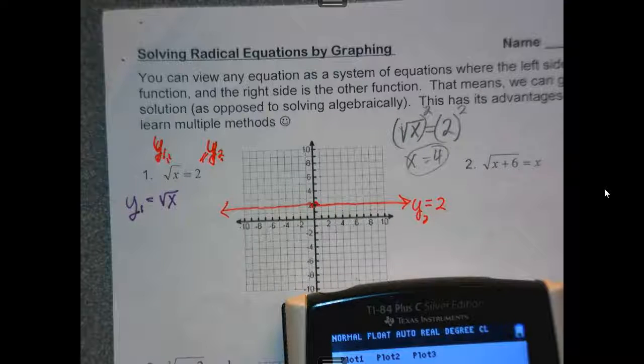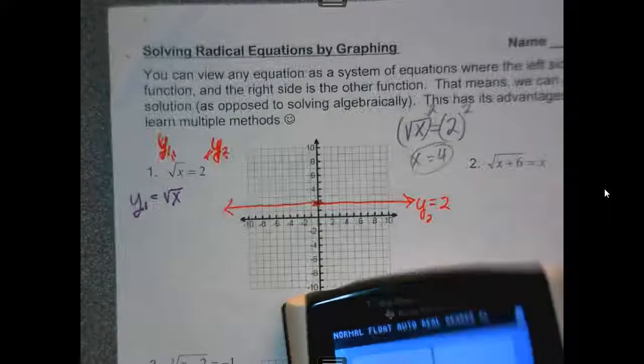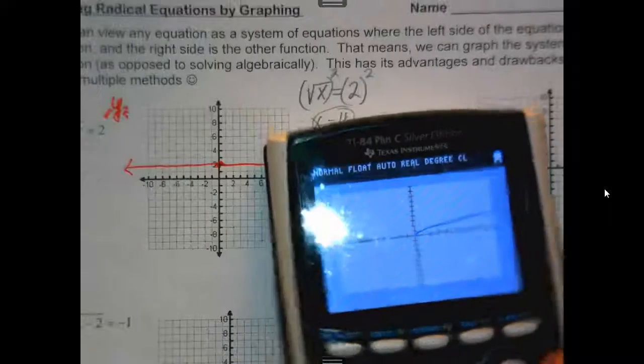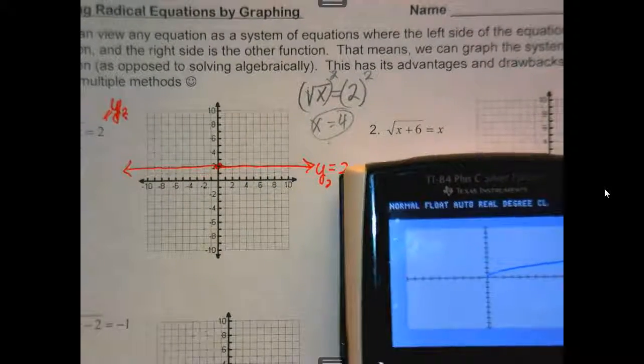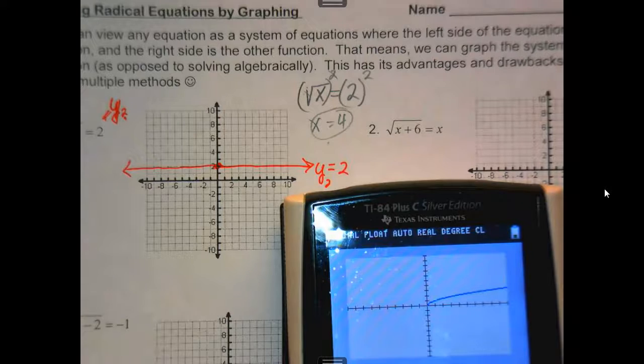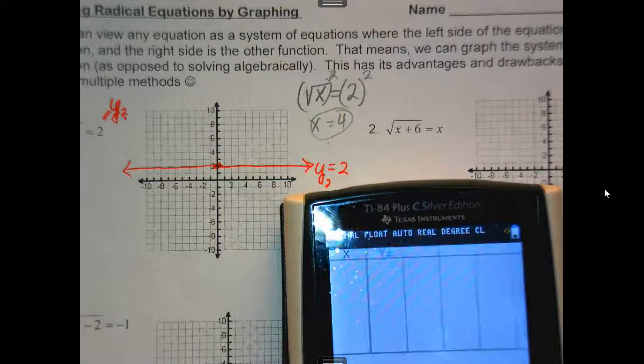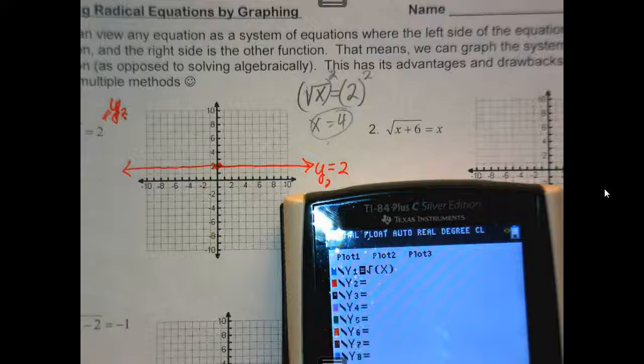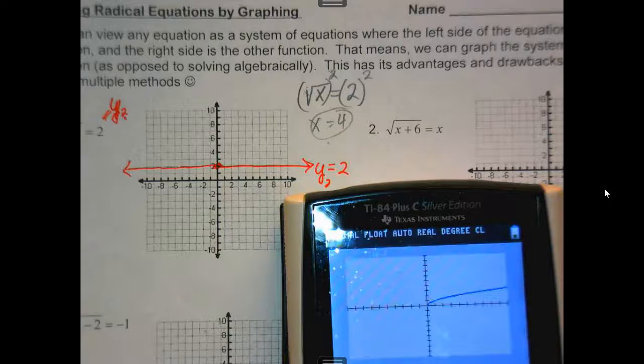In fact, this is our square root parent function, right? The graph starts at 0, 0. We have 1, 1, and 4, 2, right? You remember when we did this 2 days ago? Y equals the square root of x. I put in y equals square root of x, graph it, and then bring up your table, second graph.